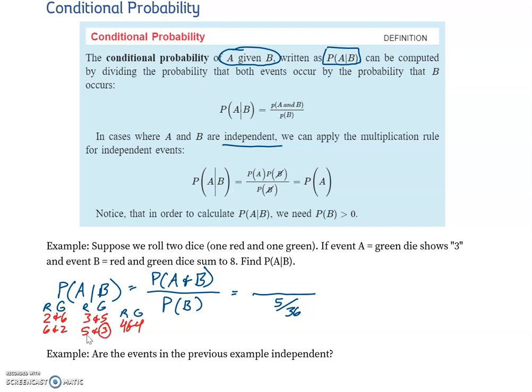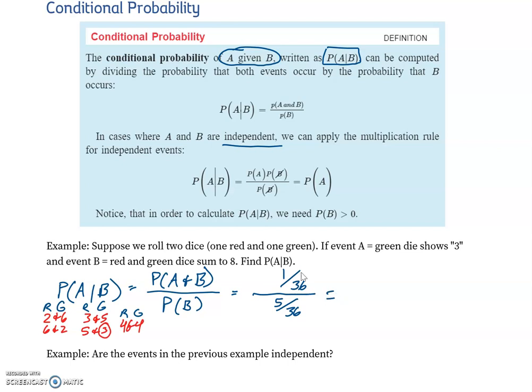It is just this one where the red is 5 and the green is 3. So again, this is the probability not just among those 5 choices, but rather out of all 36 choices. There's only one way where the green die is exactly 3 and the sum is exactly 8, and it's that combination 5 and 3.